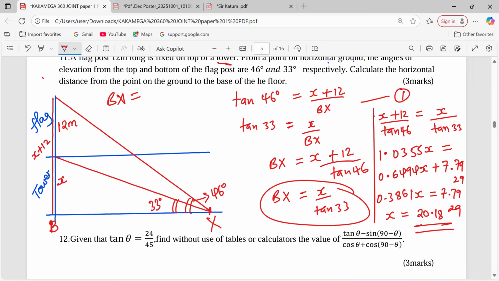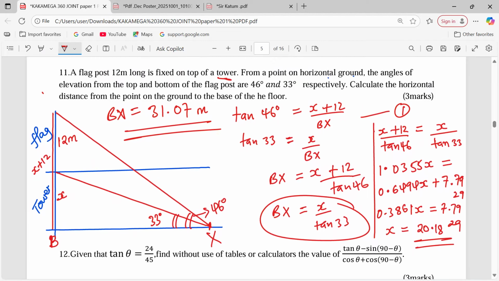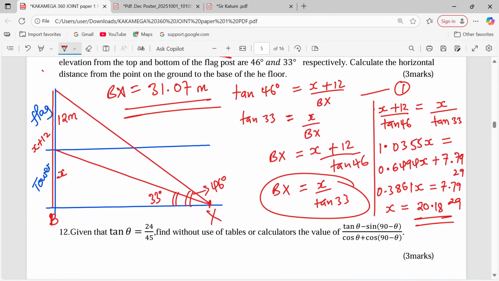Just a minute, 20.18 out of tan 33. I'm getting 31.07 meters. A very good question.